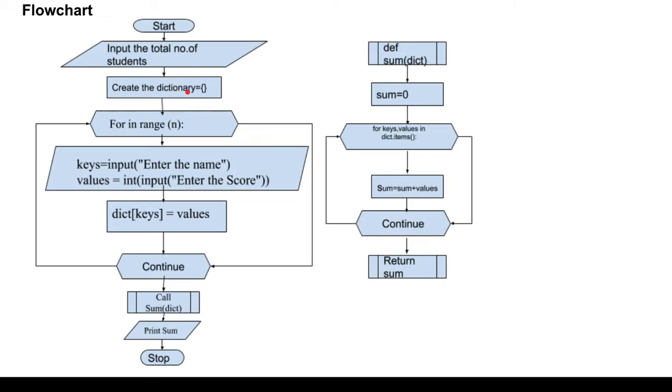After that, create the dictionary using curly brackets. It is the data structure used to store key value pairs. Then using a loop, we get the keys and values from the user and put them into the dictionary. It will continue the loop till it reaches the number of students.